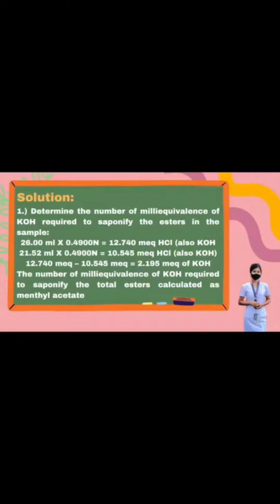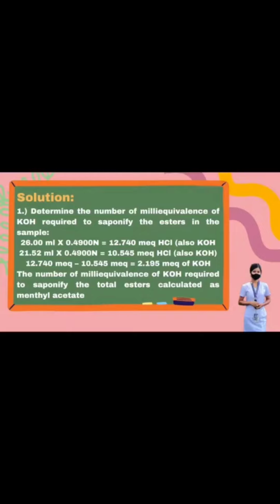Multiply also 21.52 ml to 0.4900 and their product is 10.545 milliequivalents of hydrochloric acid, also potassium hydroxide. The next one is subtract 12.740 to 10.545 milliequivalents and the answer is 2.195 milliequivalents of potassium hydroxide.